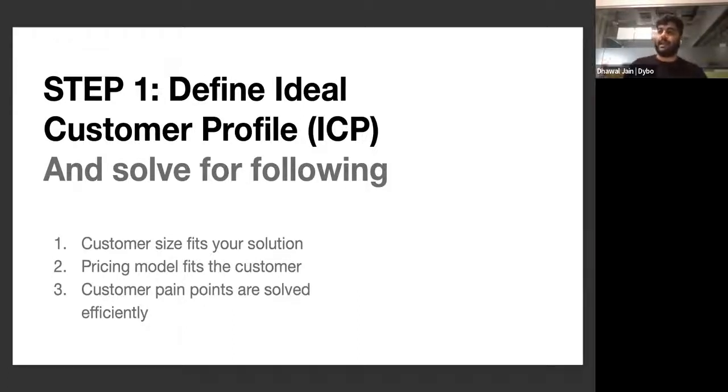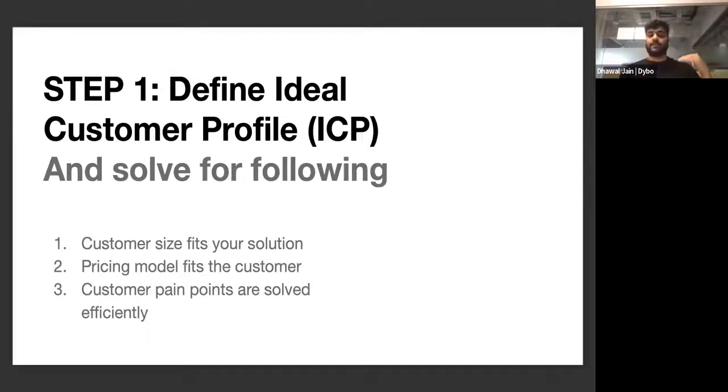Tech does not necessarily have to be very complex. It could be very simple, but solving for a larger customer base. So you need to understand that your customer size needs to fit with your solution to enable you to make a brand that in the future could be huge, even if it's not huge in year one or year two. Through this, you will also understand what the pricing model is that fits with that customer.